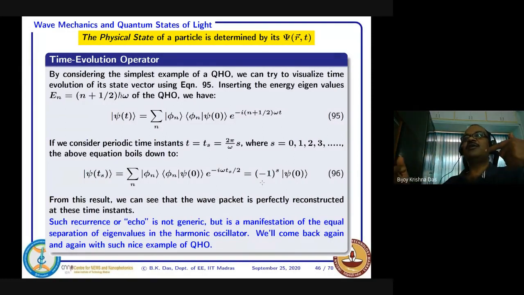But periodically, it will come back with a certain shape of the wave function. So that is the take-home message. If you have a superposition of eigenstates, the spatial distribution may change over time, but every specific time period, it will come back with a particular shape. So that is a periodic shape.